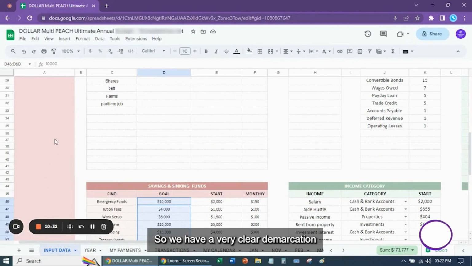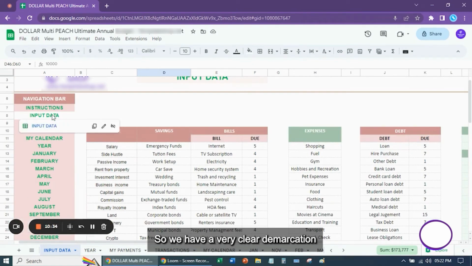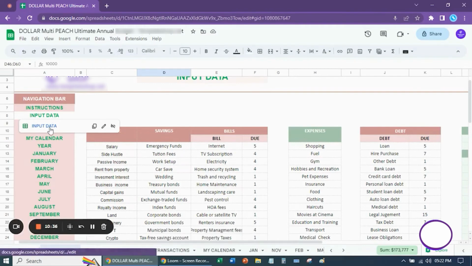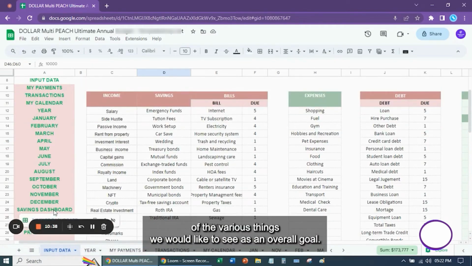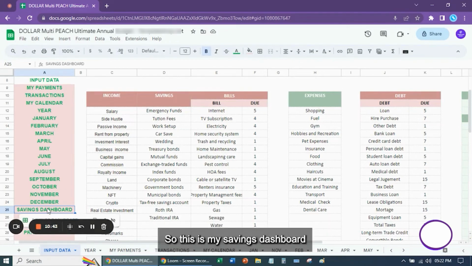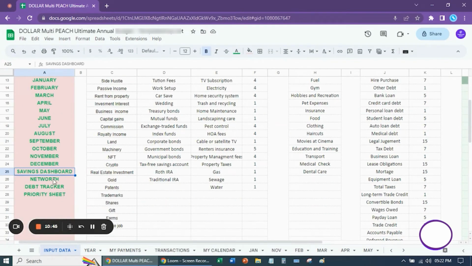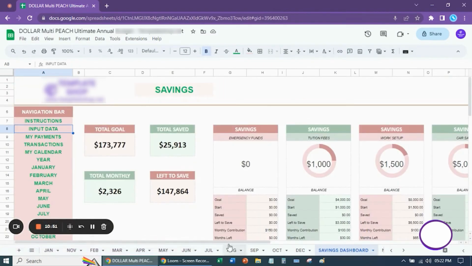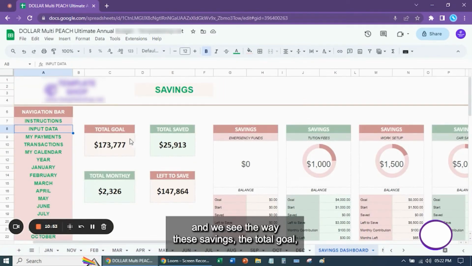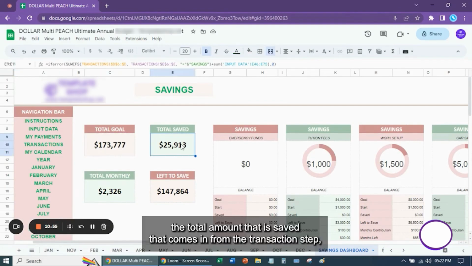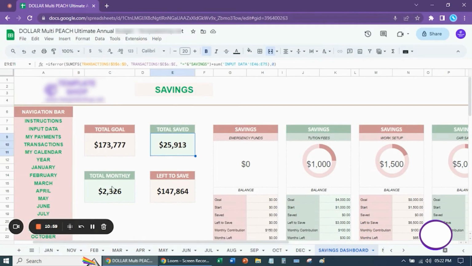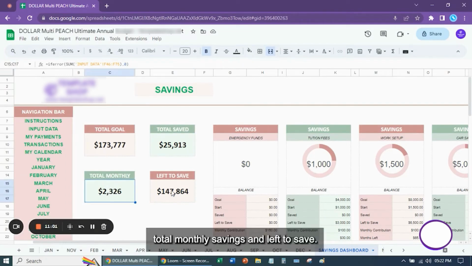So we have a very clear demarcation of the various things we would like to see as an overall goal. So this is my savings dashboard. And we see the various savings, the total goal, the total amount that is saved, that comes in from the transactions tab, total monthly savings, and left to save.